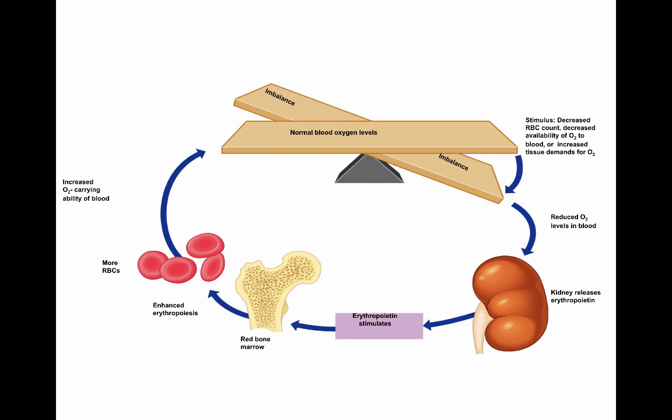It all equates to reduced oxygen levels in the blood, and that's what the kidneys are sensitive to. So the kidneys release erythropoietin, which stimulates the red bone marrow to produce more red blood cells. Those red blood cells are released into the blood, our oxygen carrying capacity increases, and we balance out there.